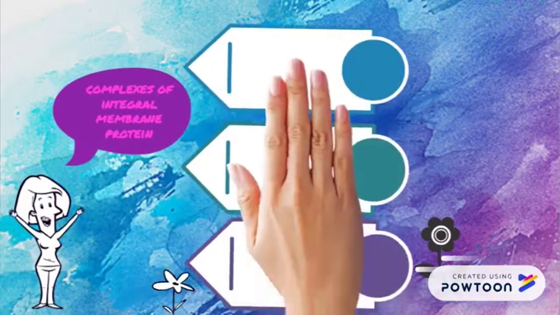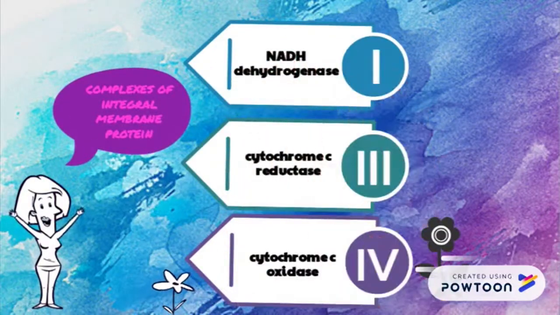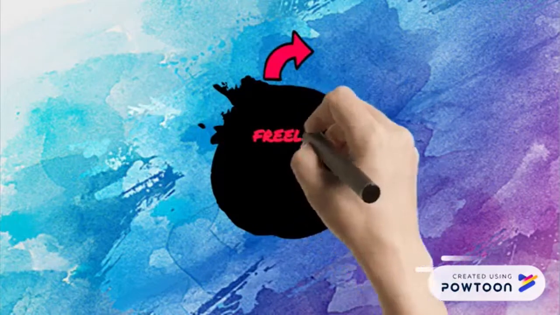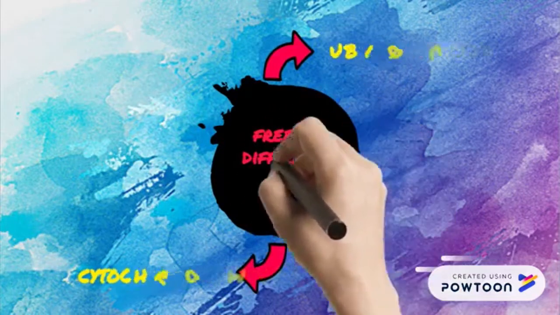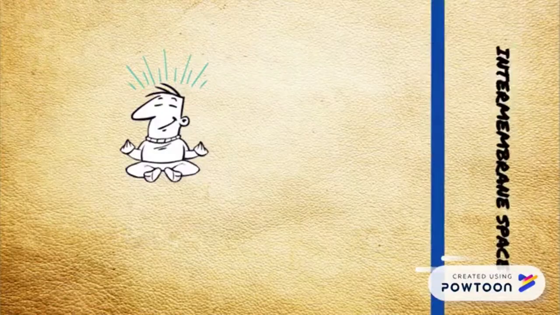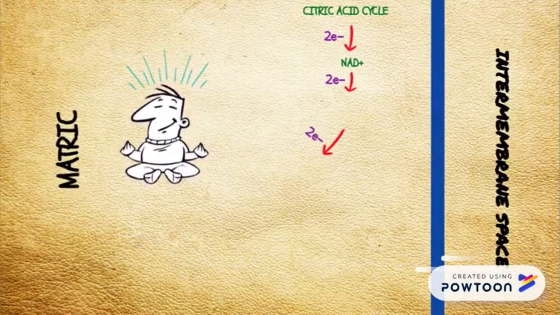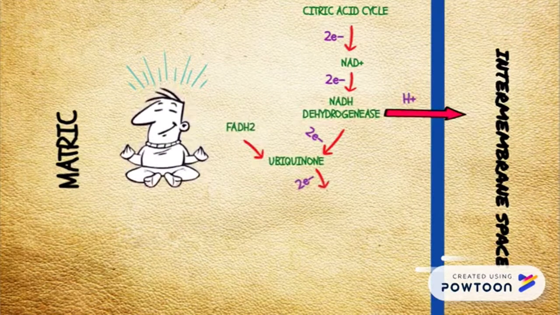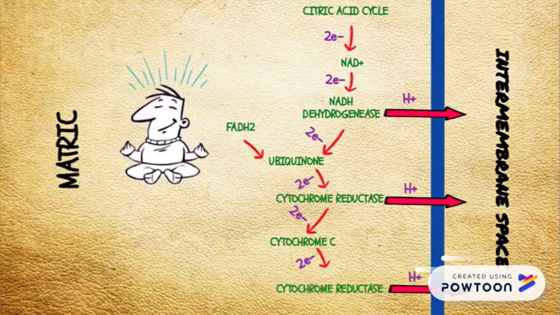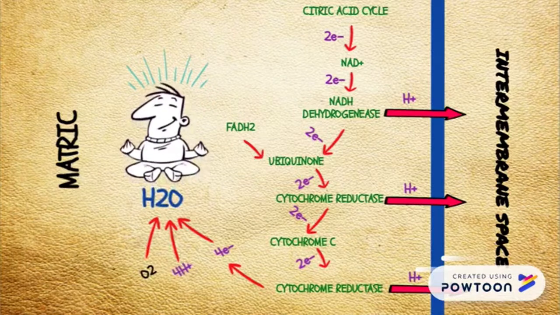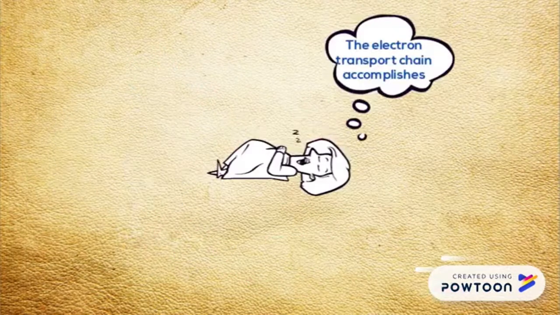Complexes of integral membrane proteins. Free diffusible molecules of ubiquinone and cytochrome. The electron transport chain completions.